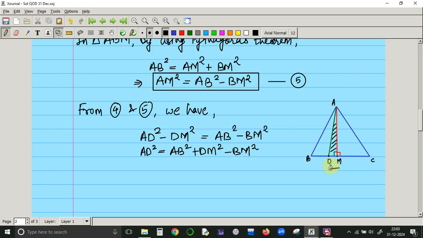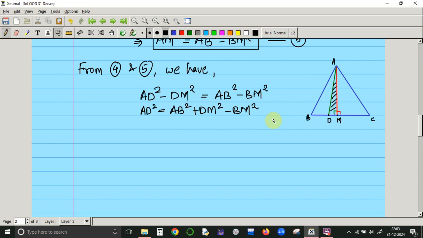Then I thought, let's substitute this DM by subtracting MC from DC. So this DM is equal to full DC minus this MC. So this gives me the required answer. Anyhow, you have to do this experiment by your own. Then only you will know that there's only one substitution which is going to lead you to the answer.